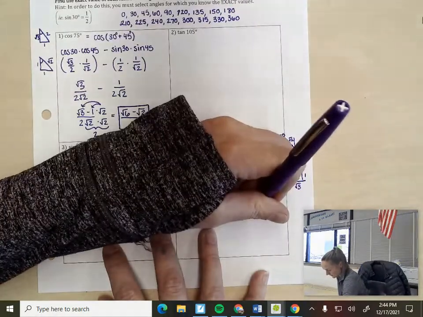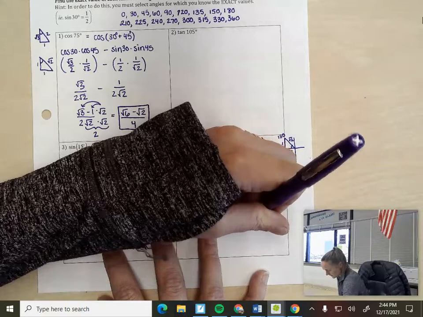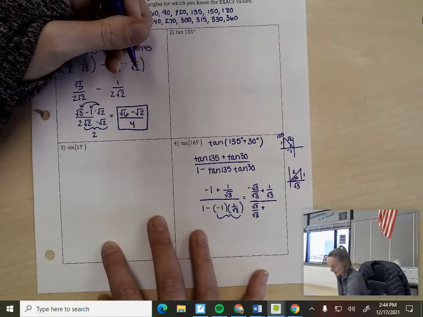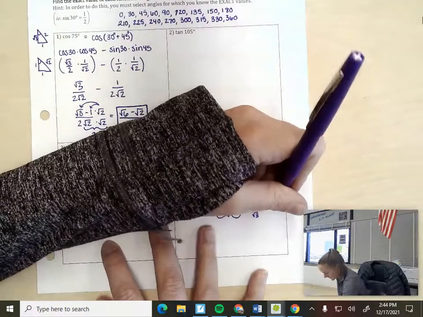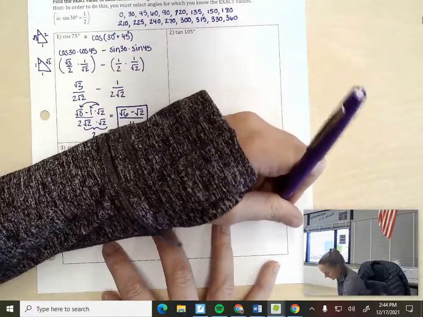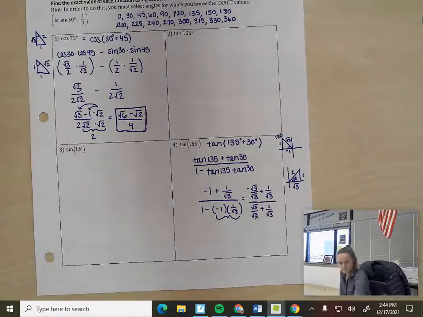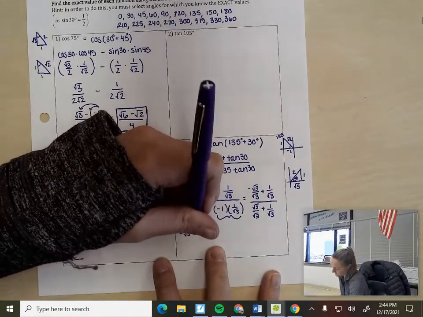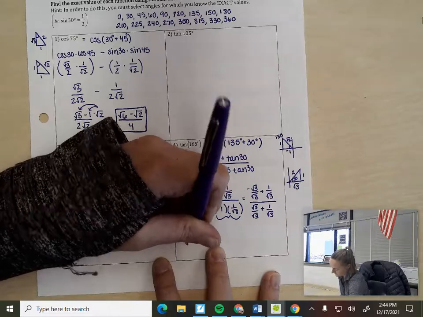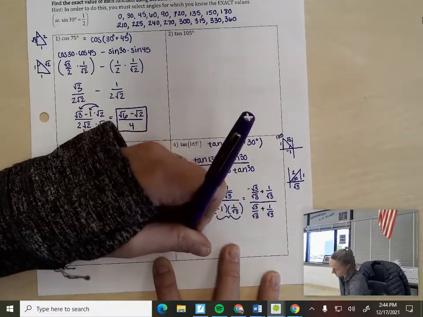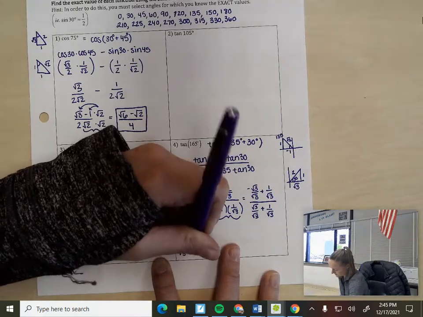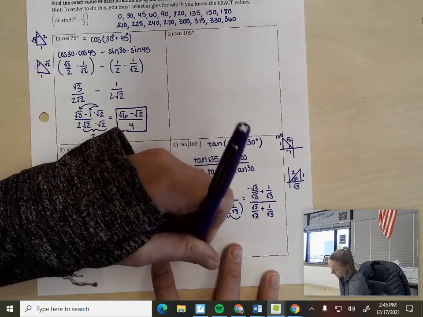So I end up with root 3 over root 3, because 1 changes into root 3 over root 3, and then plus 1 over root 3. So when I combine the tops, I have negative root 3 plus 1 over root 3, over root 3 plus 1 over root 3.